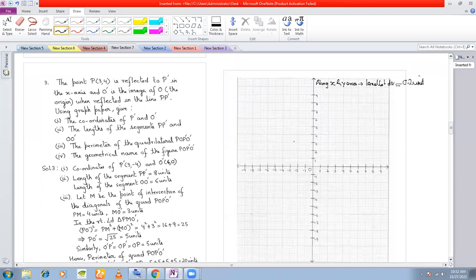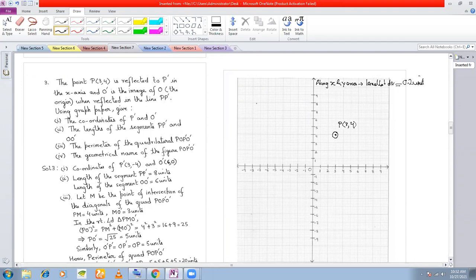Now the point P is (3, 4). So now you plot your point (3, 4). This is your point P (3, 4). This point is reflected to P dash in the x-axis. So you reflect this point in the x-axis.